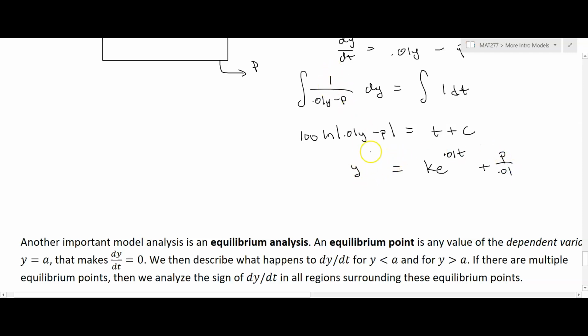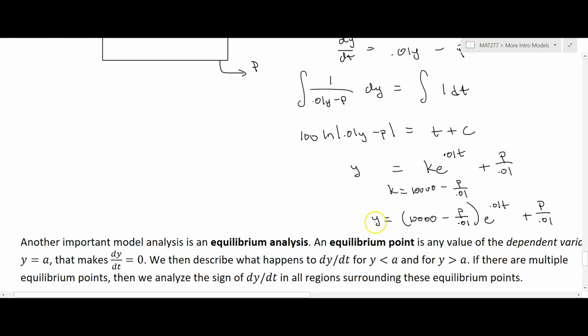Plugging in our initial condition, we should get that k is equal to 10,000 minus p over 0.01. Again, I'll let you work through those details. But here we have, finally, y equals 10,000 minus p over 0.01, times e to the 0.01t, plus p over 0.01.